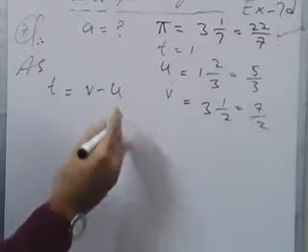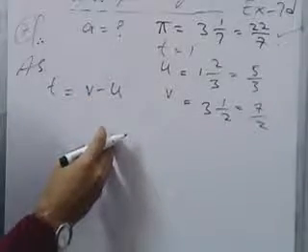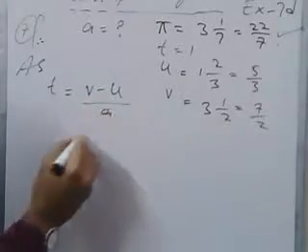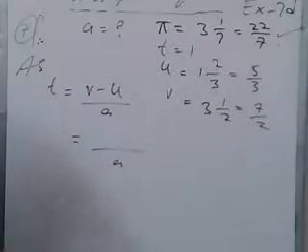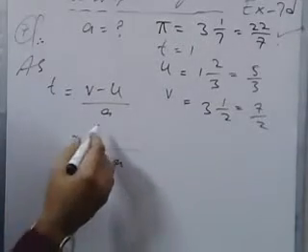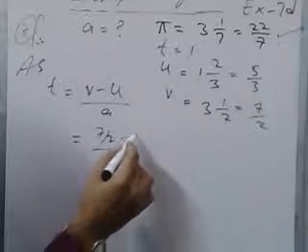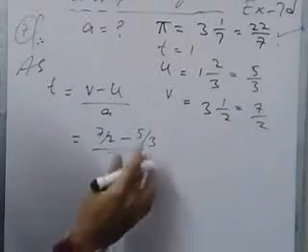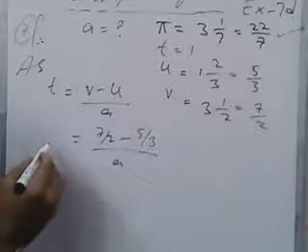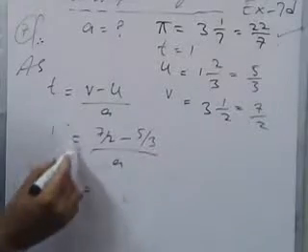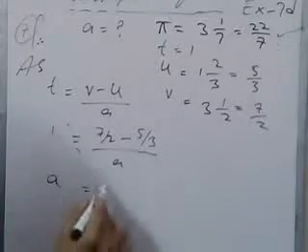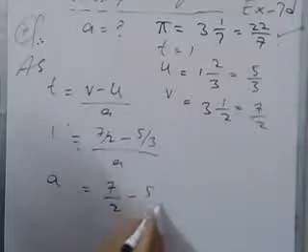So the formula is t is equal to (v minus u) divided by a. We have to find the value of a. Write down a as same. The value of v is 7 by 2 minus the value of u is 5 by 3, and the value of t is 1.